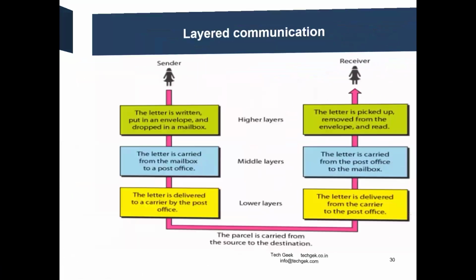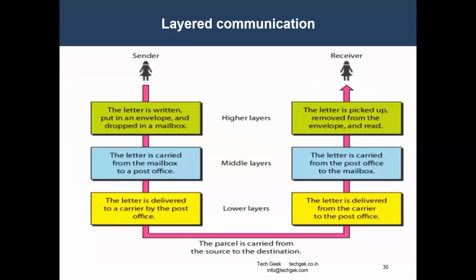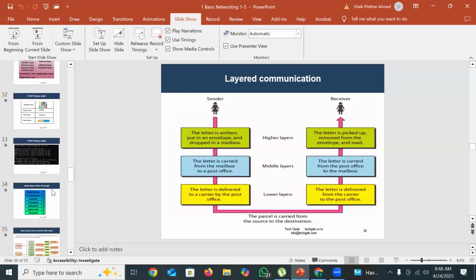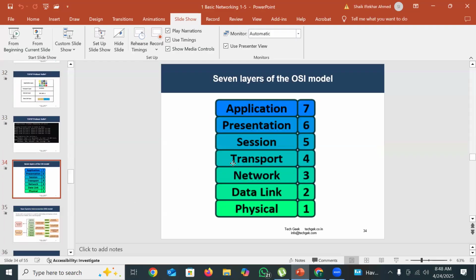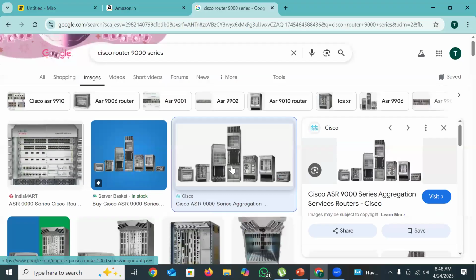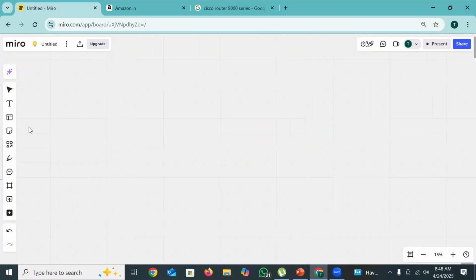Now, whenever we talk about any communication, whether we are doing a Zoom meeting, sending a WhatsApp message, sending an email, or going to a website and getting access over the internet, the communication happens over the 7 layers. So what are those 7 layers? Whenever we see any communication, it happens on these layers only.